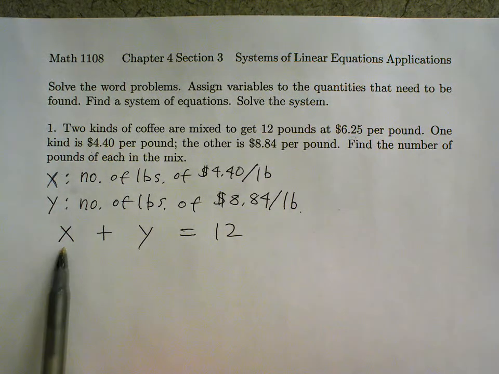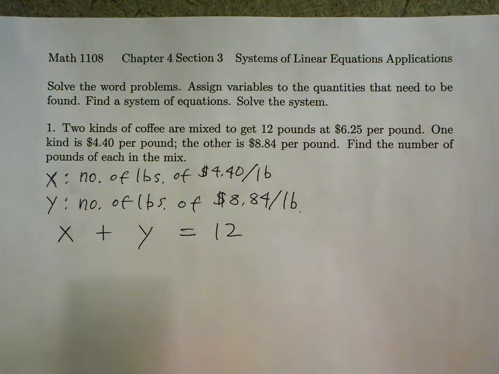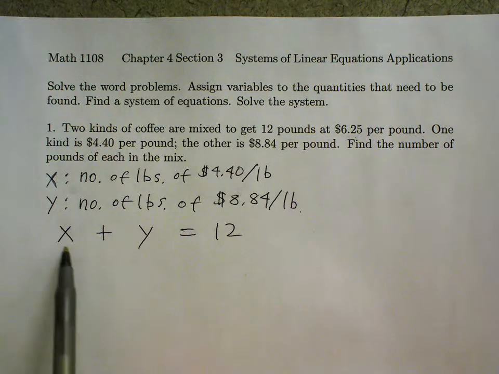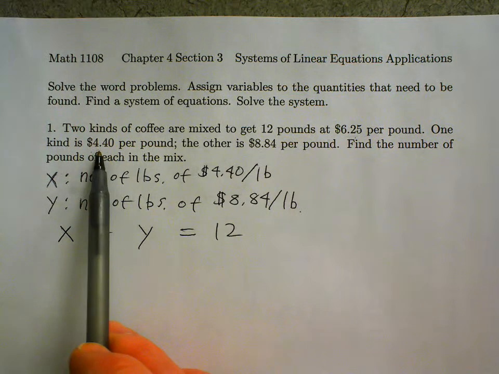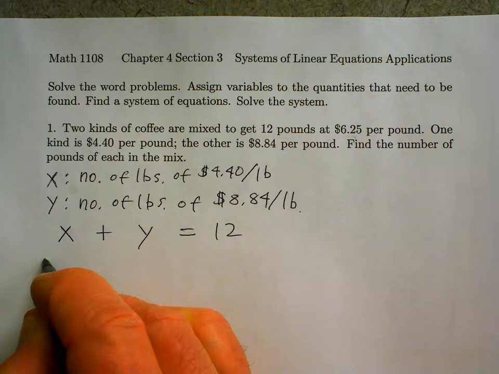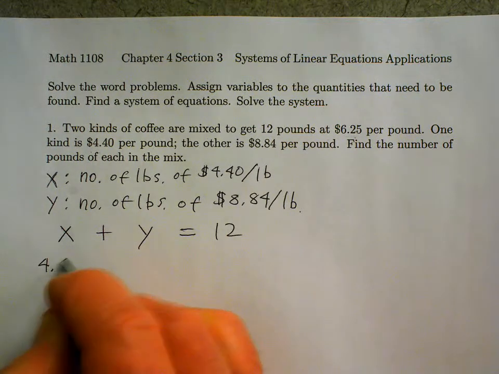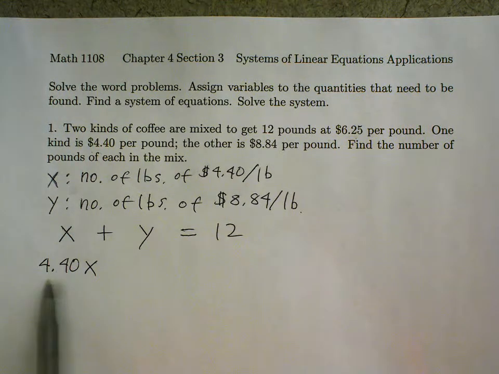And then the next equation takes into account the monetary value of each of those quantities of pounds. If X pounds is worth $4.40 per pound, then the value of that is 4.40 times X. That will be measured in dollars.